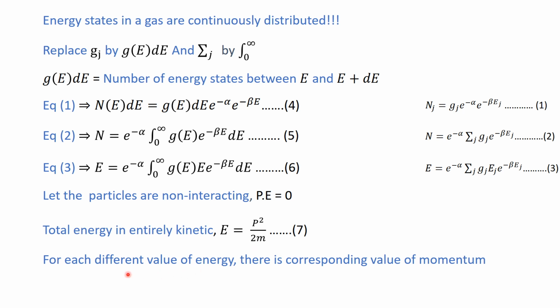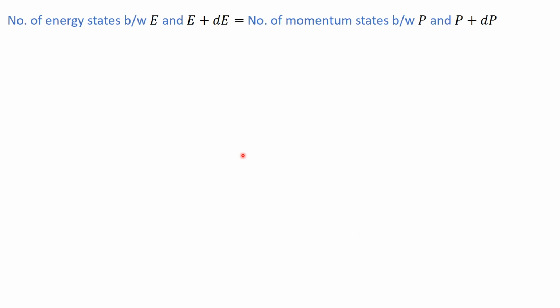So this means that for each different value of energy, there is a corresponding value of momentum. It means that the number of energy states between E and E plus dE is equal to the number of momentum states between p and p plus dp. That is, Ge dE is equal to Gp dp.